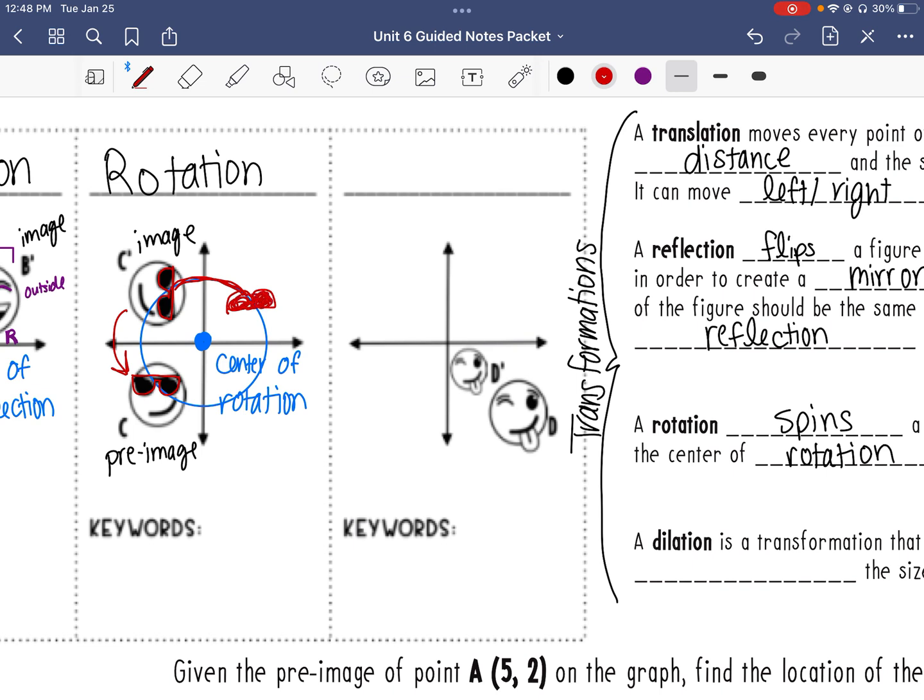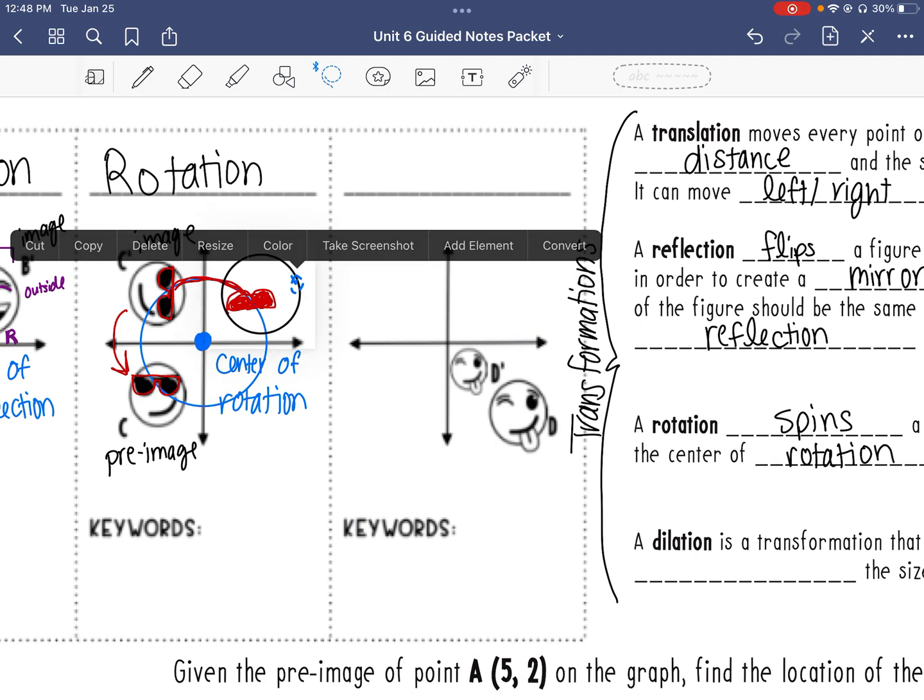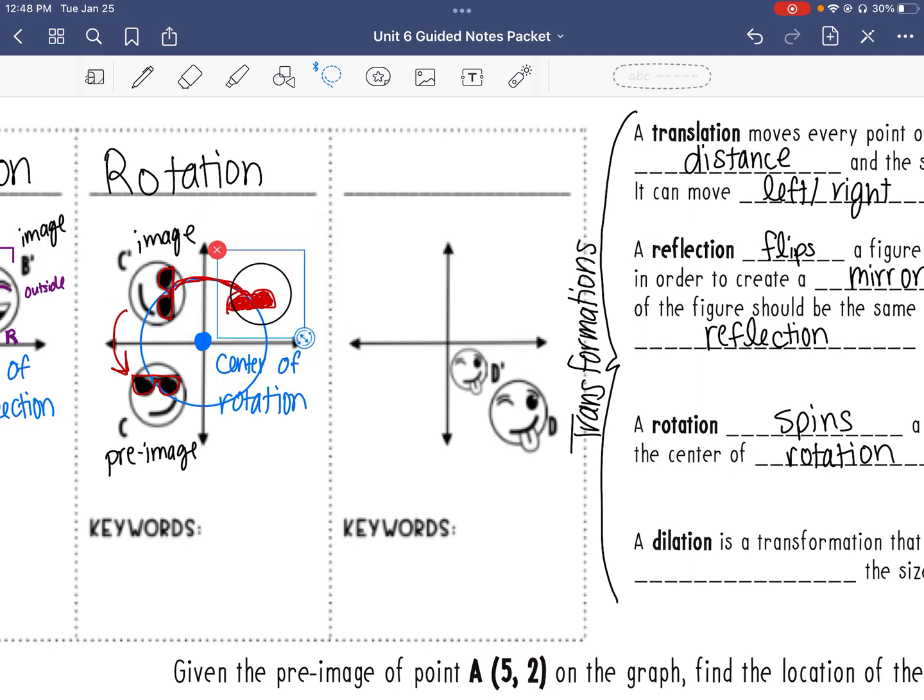I am not an artist, I apologize. But it would look something like that, and then you'd have the head around it. Something like that. Here, even better, I'll just make it the right size.